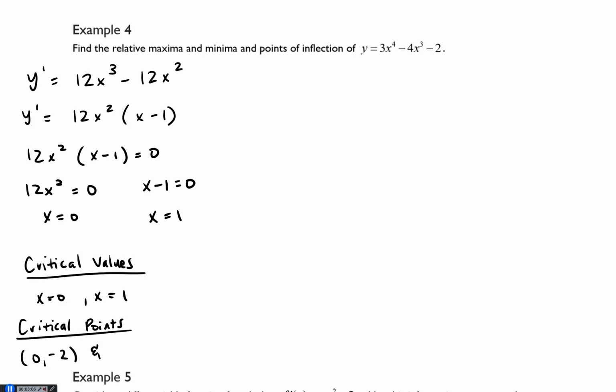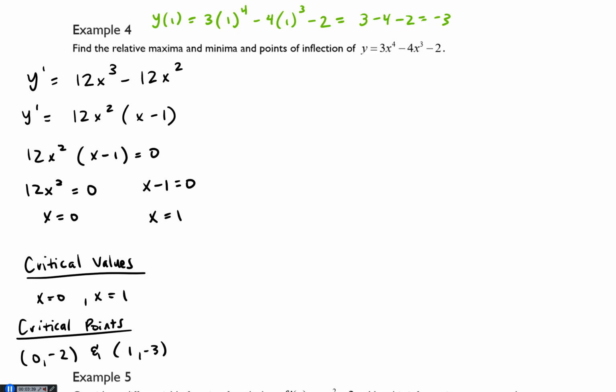And the other one would be 1, comma, let's see, so y of 1 is equal to 3 times 1 to the fourth power minus 4 times 1 cubed minus 2, and that will give us 3 minus 4 minus 2, and that ends up being 3 minus 6, which is -3. So those are our critical points.